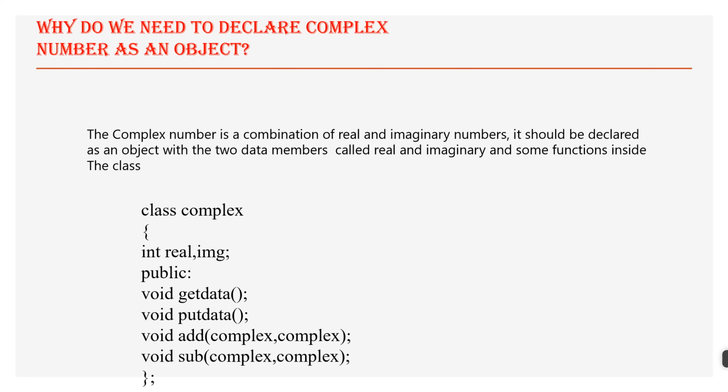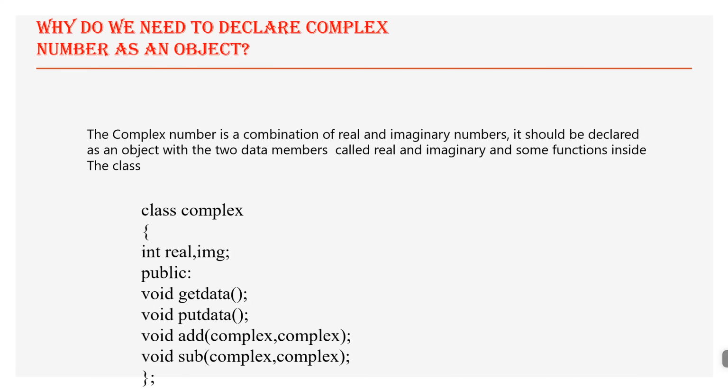and in the same class I am declaring the necessary functions under public. So what are the necessary functions under public? First function, get data. Get data is a function to read the values for a complex number. Put data. Put data is another function to display the content of a complex number. Then I'm using the add function to add the two complex numbers, and I'm using the subtract function to subtract the two complex numbers.